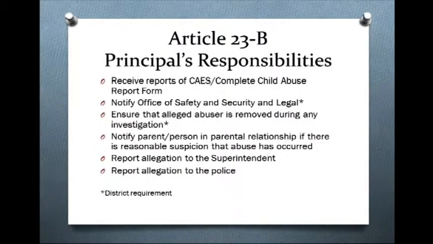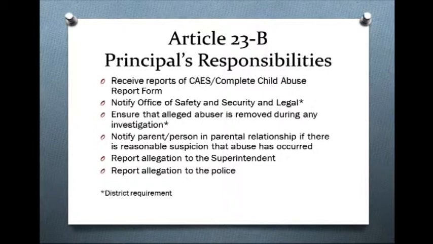If you are a building principal, you have additional responsibilities. First, you are responsible for receiving reports of child abuse in an educational setting from employees of the district, or if you receive the allegations directly, to complete the child abuse report form. Second, you must notify the Office of Safety and Security and our legal department that an allegation has been made.